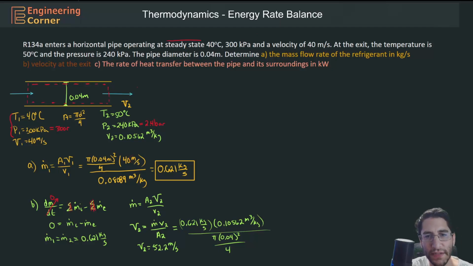All right, so the last thing we need to do is figure out the rate of heat transfer between the pipe and its surroundings. In order to do that, we need to look at our energy rate balance.